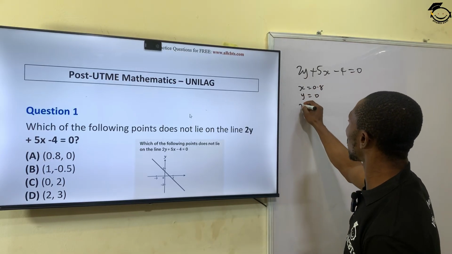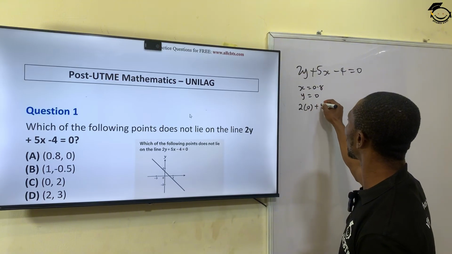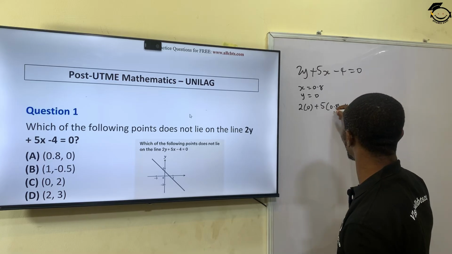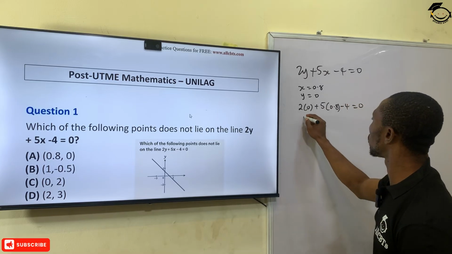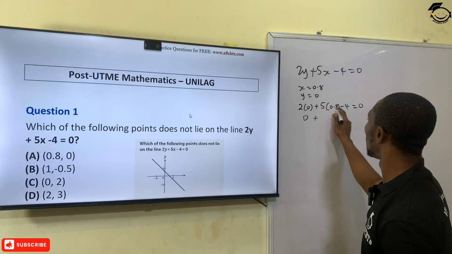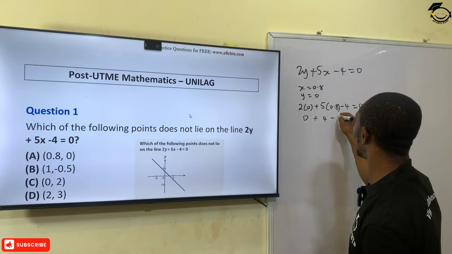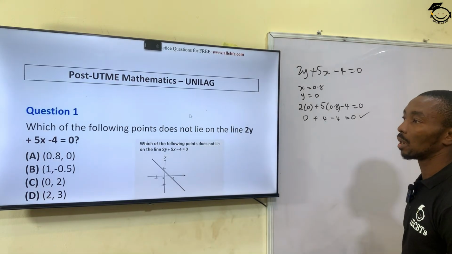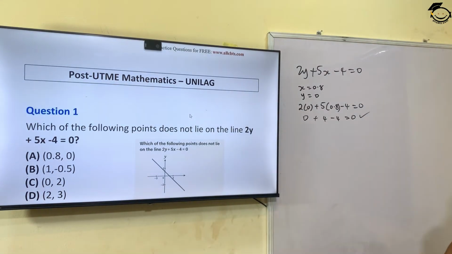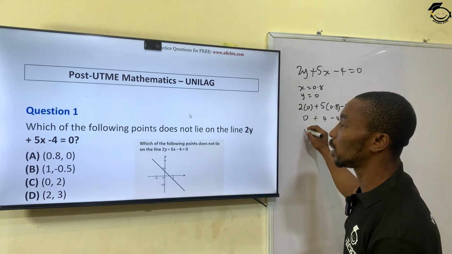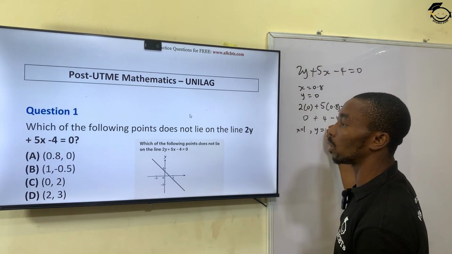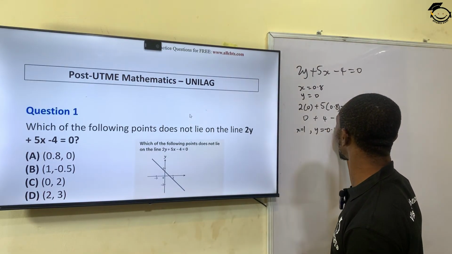So this becomes 2(0) plus 5(0.8) minus 4 equals 0. So 2 times 0 gives us 0, plus 5 times 0.8 gives us 4, minus 4, which gives us 0. So option A lies on the line. Now, looking at option B, x equals 1 and y equals minus 0.5.